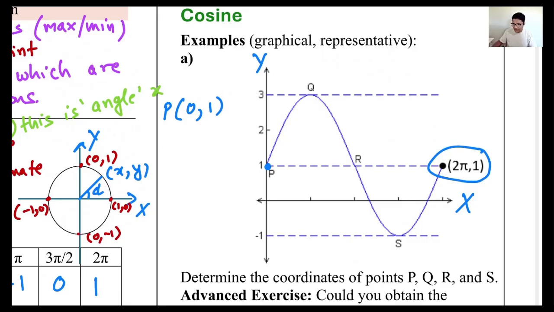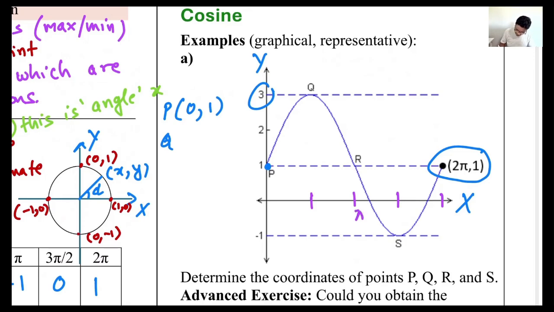Then if you look at Q, it corresponds to height 3. What is the x coordinate? For that, let us look at the markings on the x-axis. That's 2 pi at the end there.